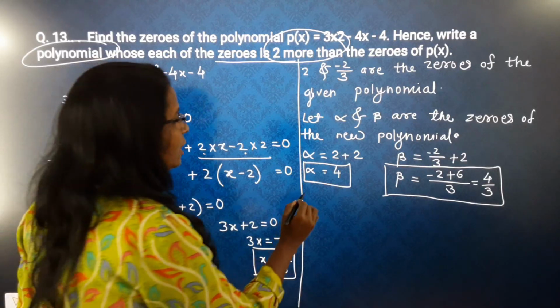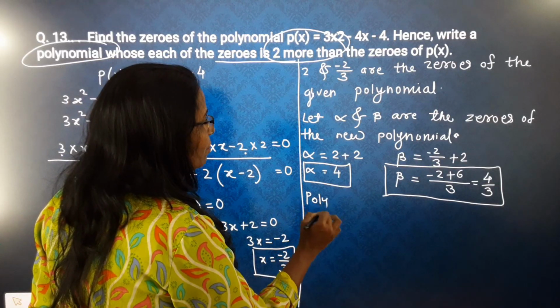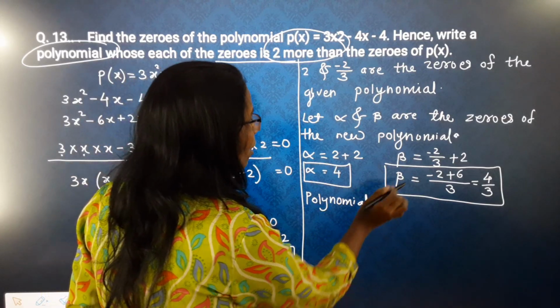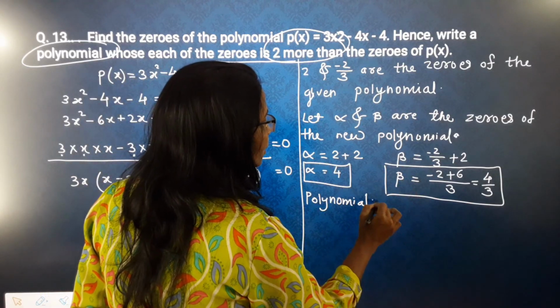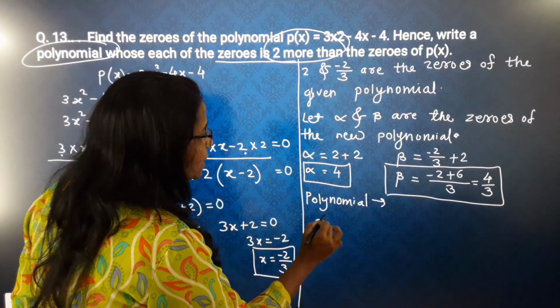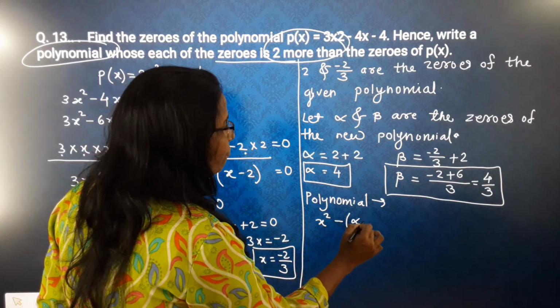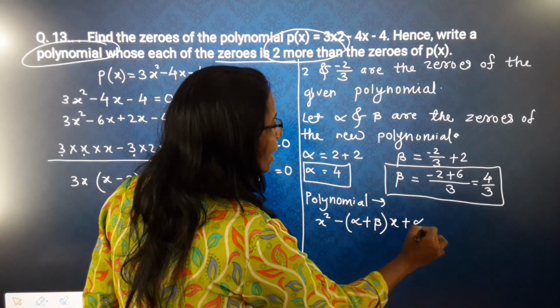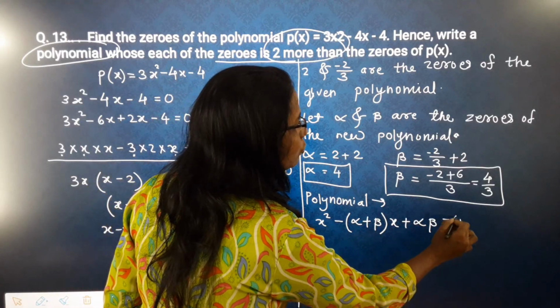And so now here our polynomial becomes, what is our polynomial? The format is x square minus alpha plus beta multiplied x plus alpha beta is equal to 0.